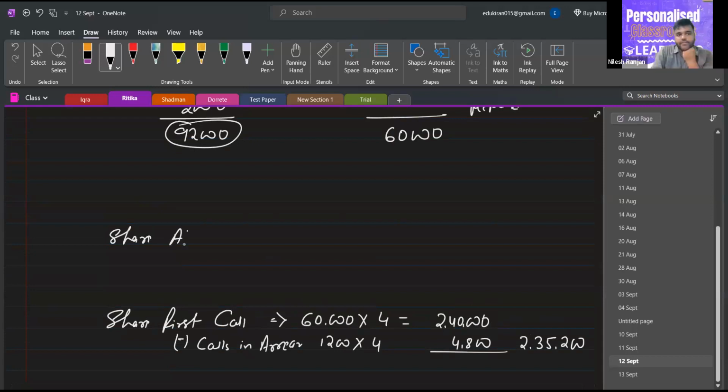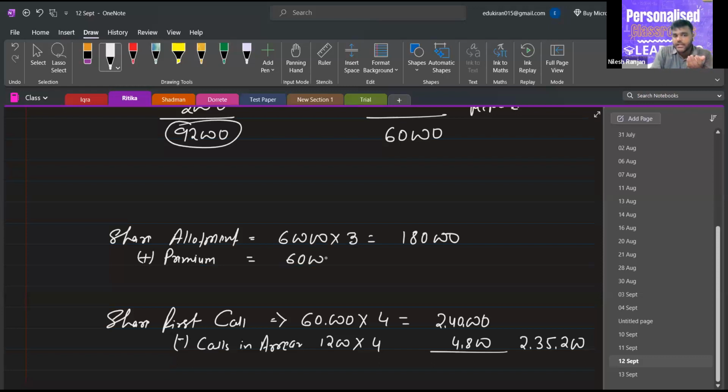And we have calculated share allotment: 60,000 into 3, that is 1,80,000, plus premium. You have to do the calculation like this so you can easily understand things. 60,000 into 2, 1,20,000. Total is 3 lakh.